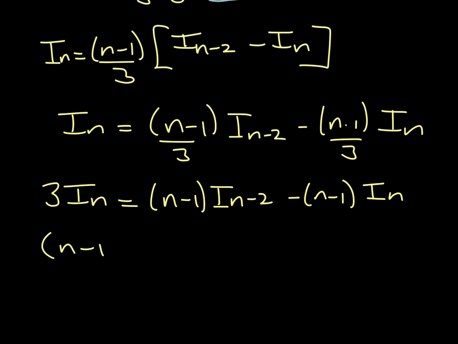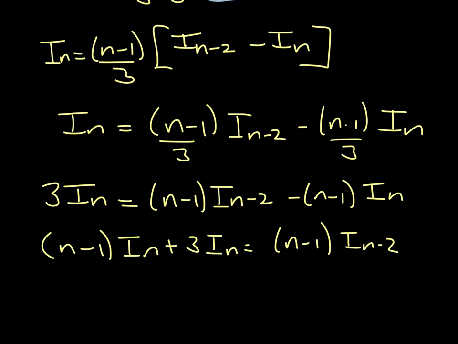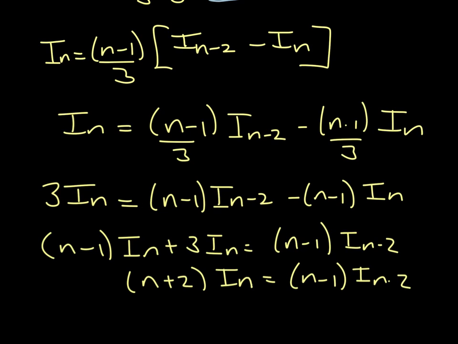So we have (n minus 1) In plus 3 In equals (n minus 1) I n minus 2. n minus 1 plus 3 is n plus 2. So to finish the question, we just need to write it as In equals (n minus 1) over (n plus 2) I n minus 2.